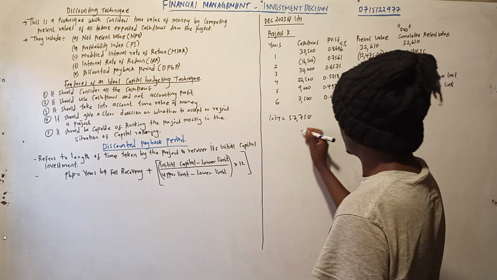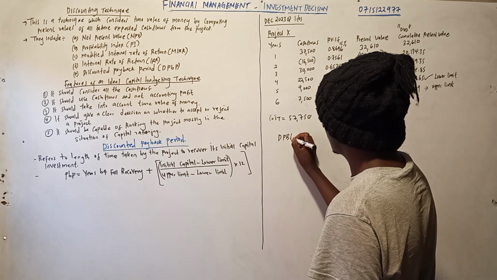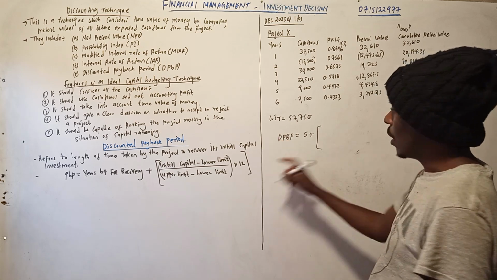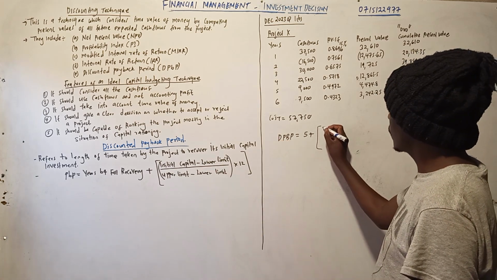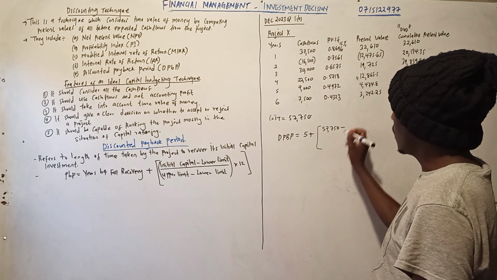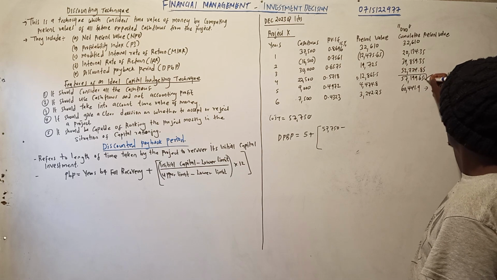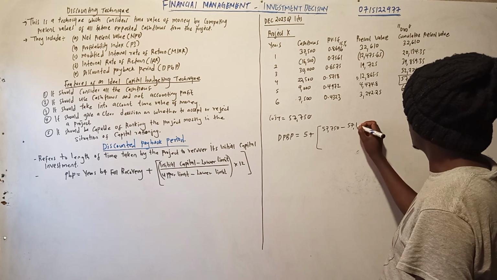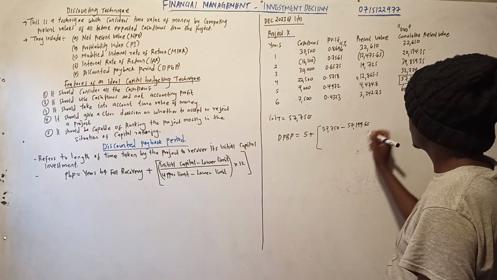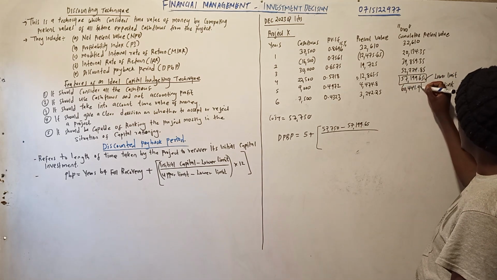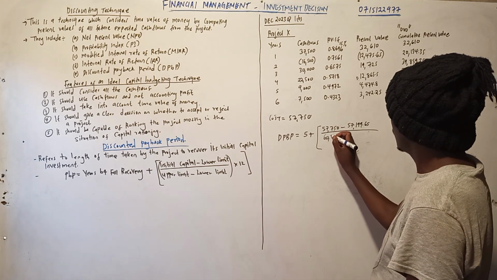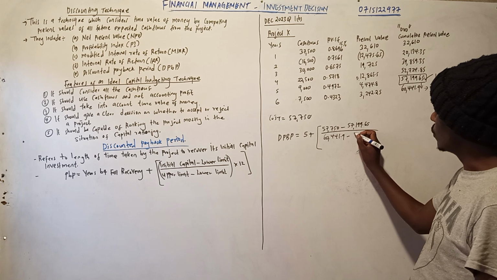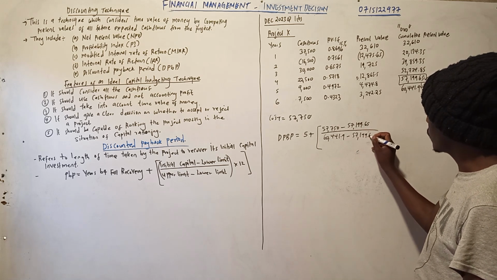So the discounted payback period is the year before full recovery, 5 years, plus the initial capital of 57,750 minus the lower limit, 57,199.65, over the upper limit, 60,441.9, minus the lower limit, 57,199.65, times 12.